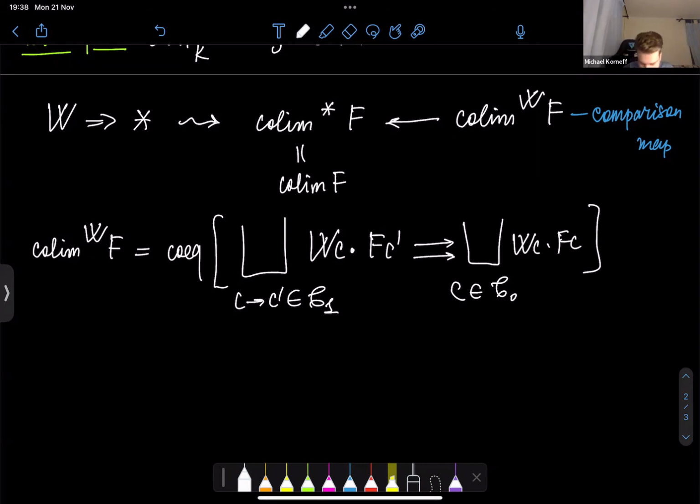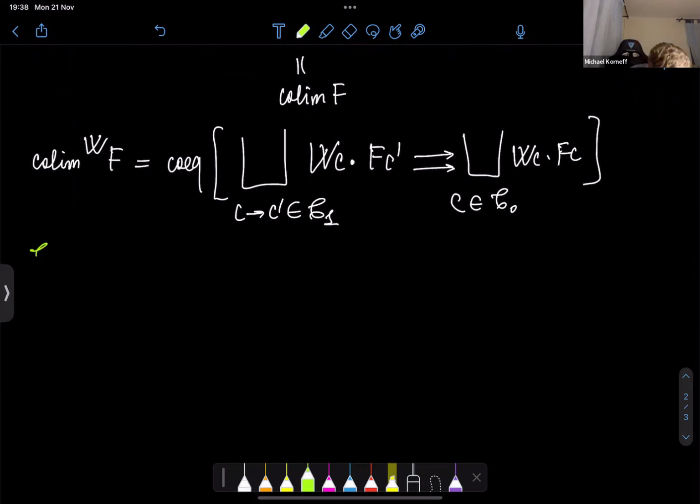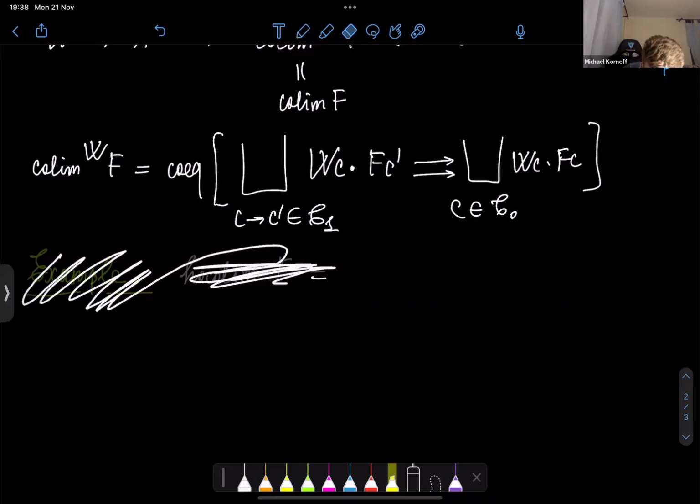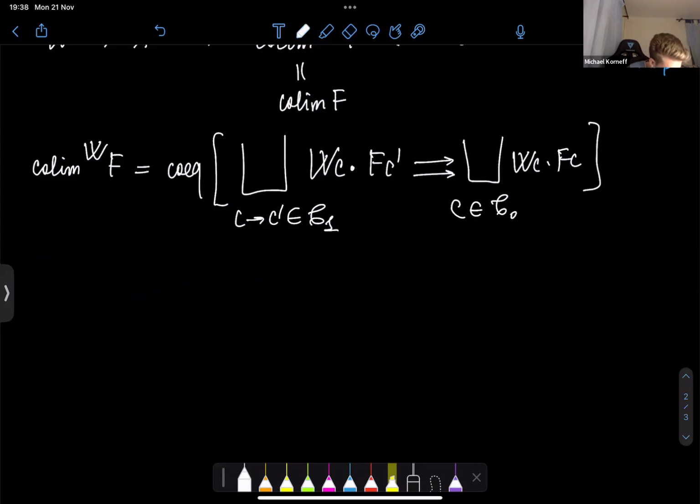Okay, and the last example in this section, the usual homotopy colimit of the functor F is weighted, sorry, I think I'll talk about it later.